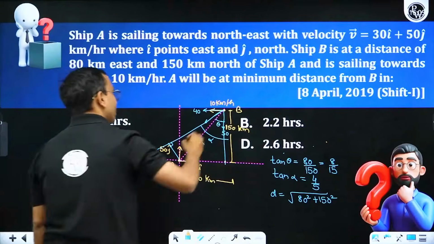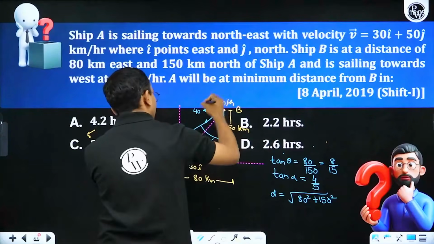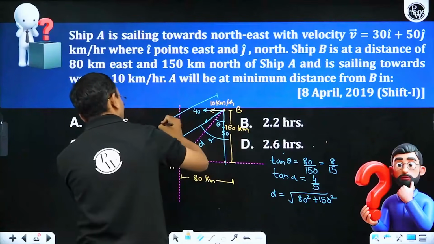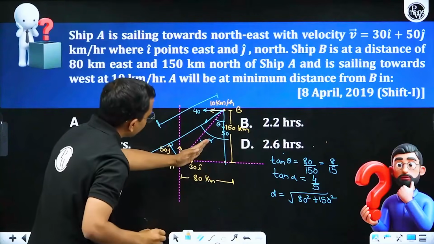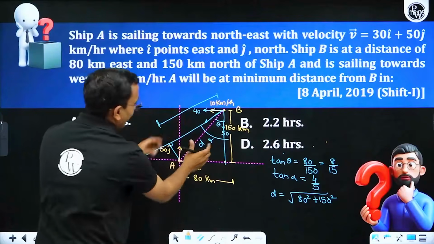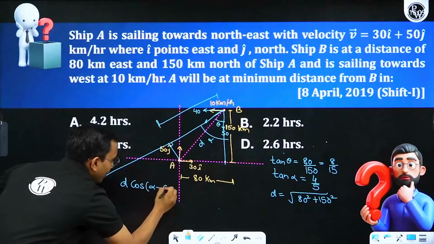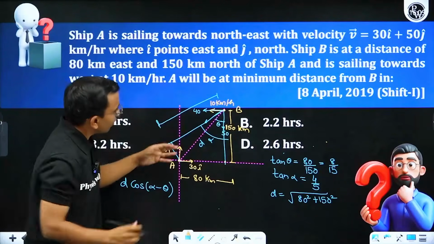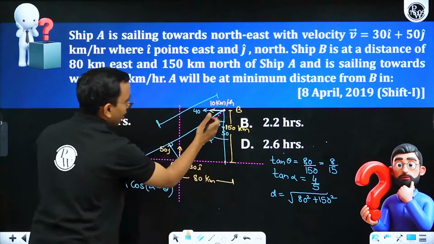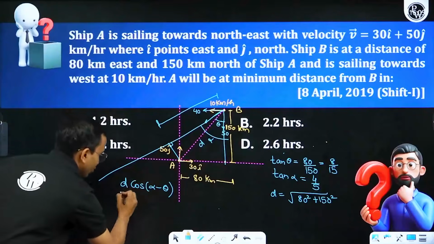How much will be the minimum time? The time when it reaches here. That distance is D cos of alpha minus theta. This is the distance it has to cover. With what velocity is it moving? Root of 40 square plus 50 square.